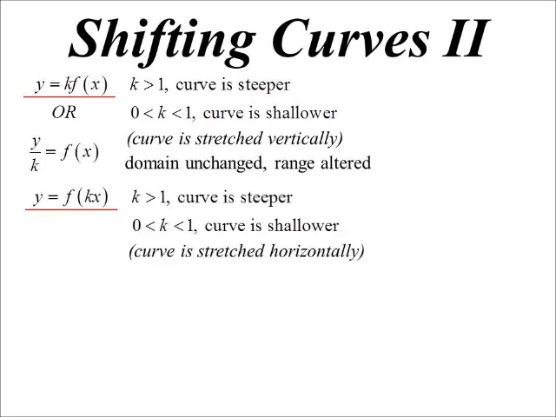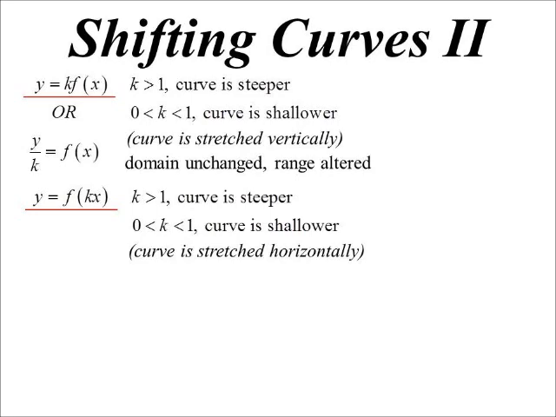Now when the constant is inside the function, so it's a constant times x, now it's the domain that's going to change. Interestingly, when k is greater than 1, the curve still gets steeper, and when k is in between 1 and 0, the curve is shallower. So that hasn't changed.